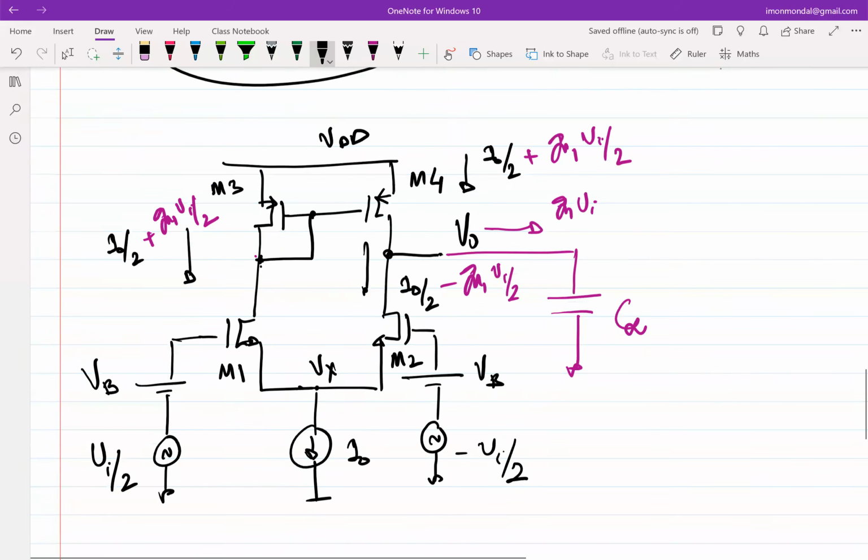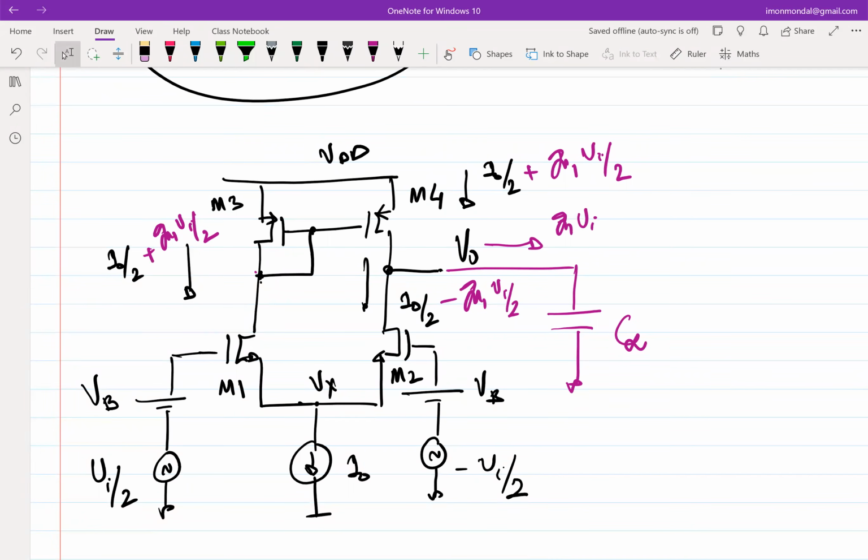But here the incremental short circuit current is GM1 Vi, right? It's almost like you have performed that subtraction of two node voltages through a common node, and that is happening because of this current mirror effect, right?